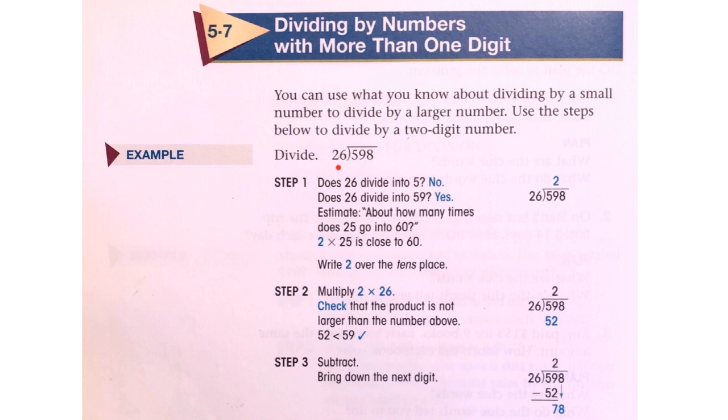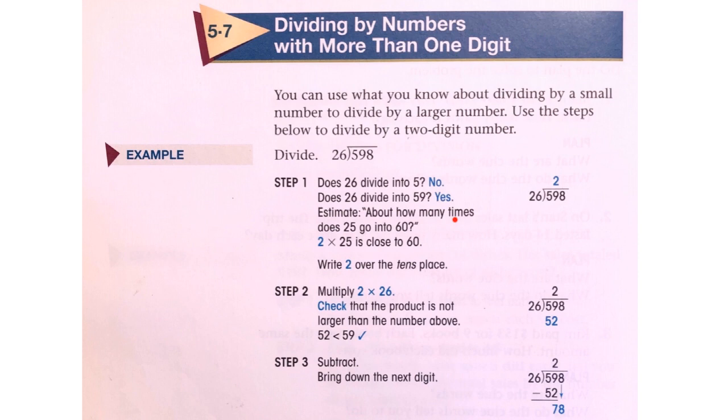598 by 26. Step 1. Does 26 divide into 5? No, 5 is less than 26. Does 26 divide into 59? Yes, it does. Well, let's estimate about how many times 25 goes into 60.